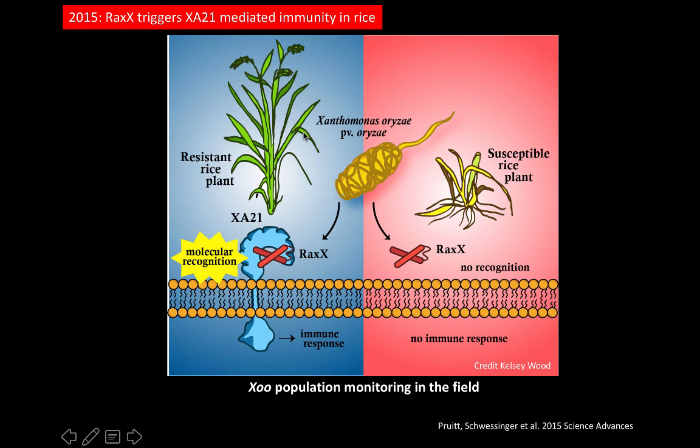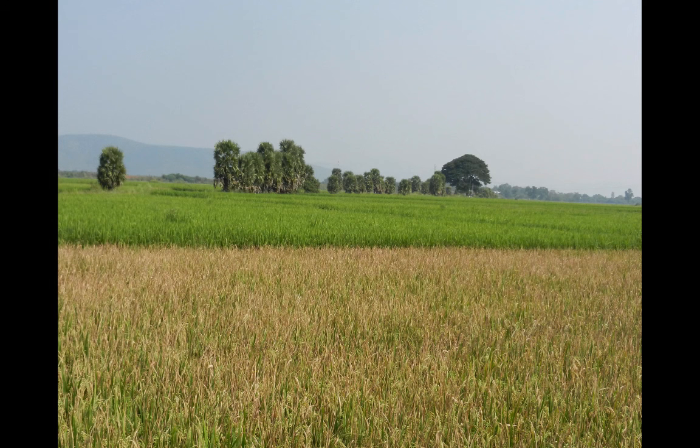And this is important in the field, as illustrated by this picture. Here in the background there's a rice variety which is resistant to the bacteria because it recognizes a certain molecule. So the disease control is genetically encoded in rice, in the genome. In the foreground, you have a different rice variety which does not recognize this bacteria, Xanthomonas, and you see the blight, total devastation of this field, and of course you lose all your grain.